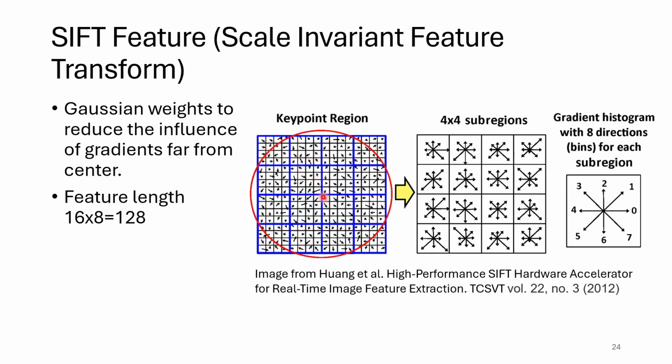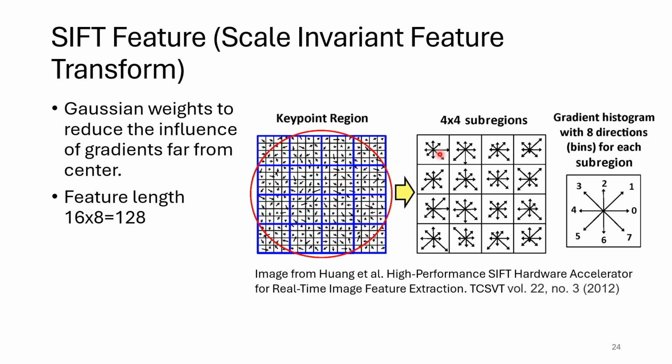In the real SIFT feature, the region is slightly larger. Suppose this is a corner pixel, then they use a 16 by 16 pixel region, and divide it into 4 by 4 subregions. From each subregion, they get a histogram, and the length of the histogram is 8.